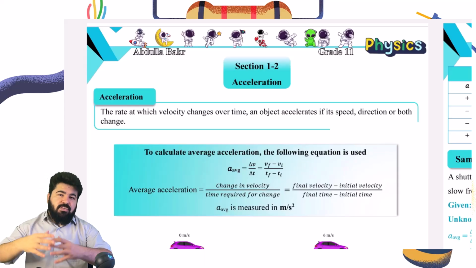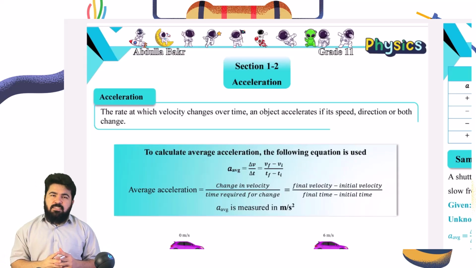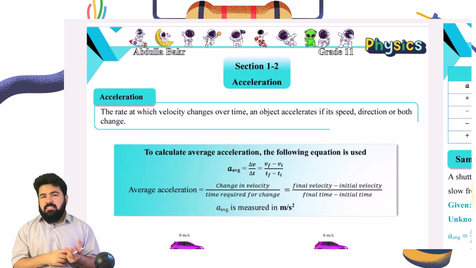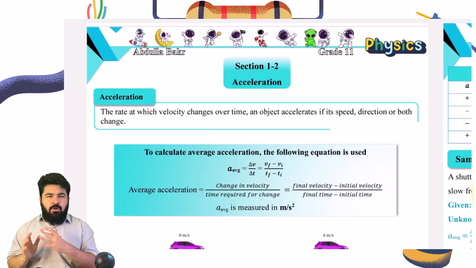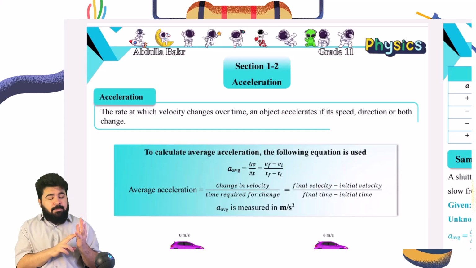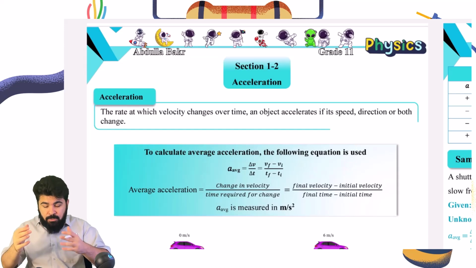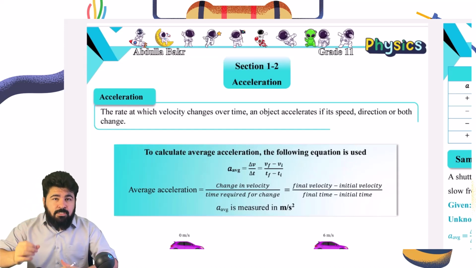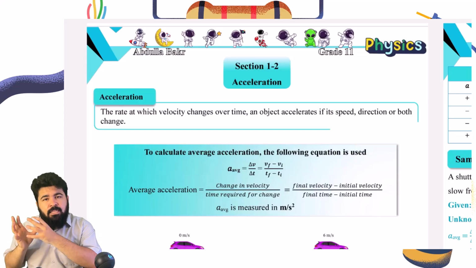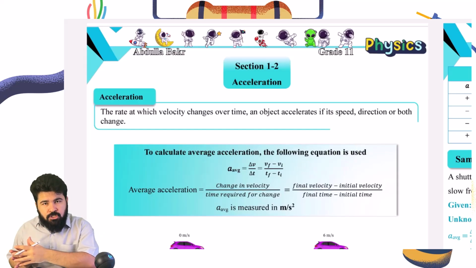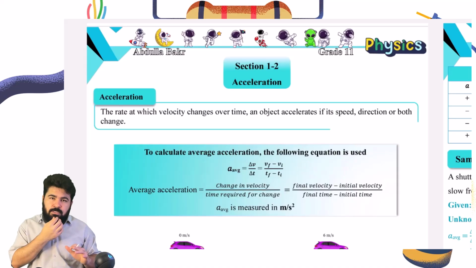Now, in the previous lesson, we talked about velocity, speed and their differences. We learned that velocity is a vector quantity and speed is a scalar quantity. A vector quantity has both magnitude and direction. A scalar quantity has only magnitude. We also learned about displacement: for displacement to happen, the position of an object should change, otherwise there will be no displacement.